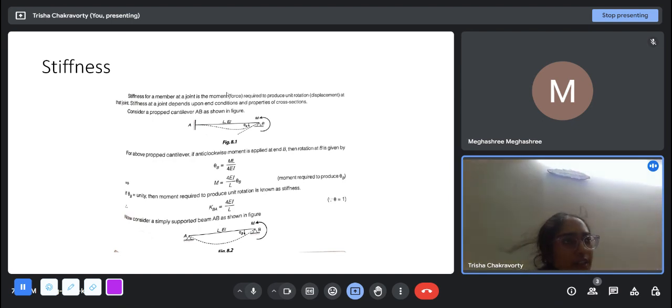That means if you put x equal to 1, that is, if you put a unit deformation in the spring, what is the force developed? That is k, because if x equals 1, F equals k. So basically the concept of stiffness is force per unit displacement or moment per unit rotation.